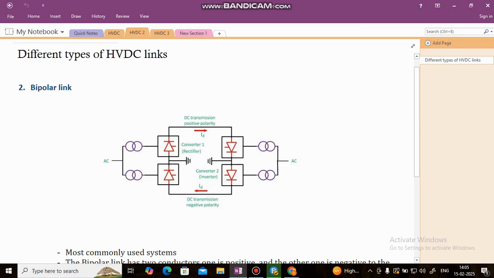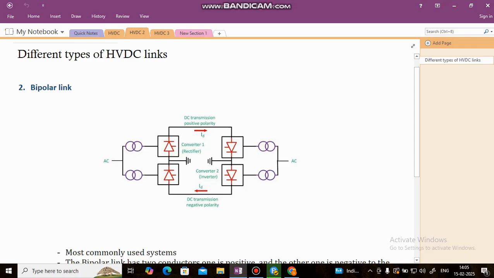But here there are two conductors, so if any one stops working due to a fault in the line, then the other conductor will transfer the power, and the return path will be the ground as it was in the monopolar link.